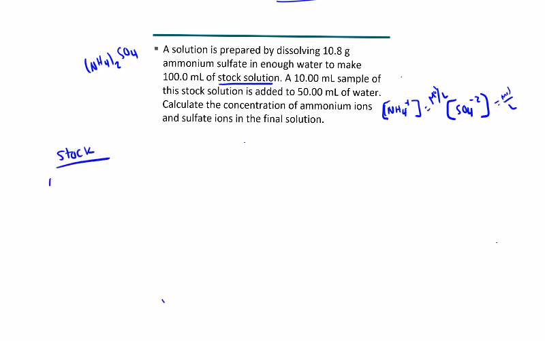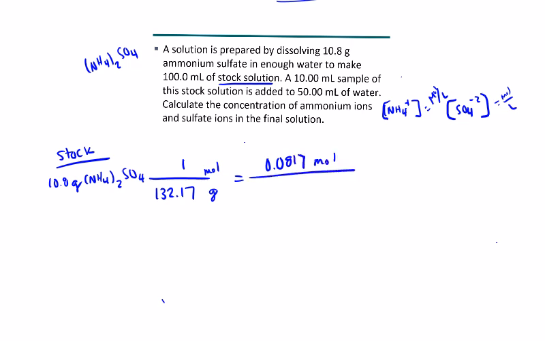All right, so it tells us that we took 10.8 grams (NH4)2SO4, gram to mole. So my molar mass, when you divide that out, you get 0.0817 moles. And then the problem told me that we had 100 milliliters of the stock solution, so that's 0.1 liters.